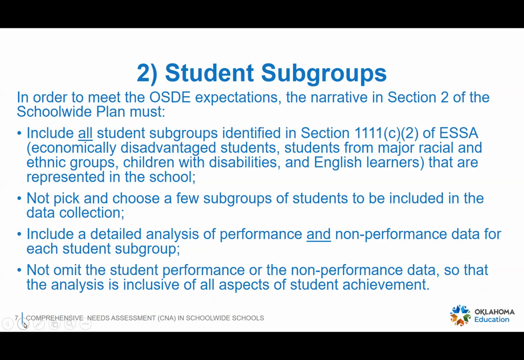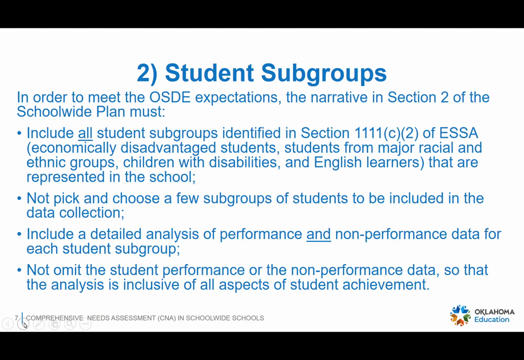Regarding student subgroups, in order to meet the OSDE expectations, the narrative in Section 2 of the Schoolwide Plan must include all student subgroups identified in Section 1111(c)(2) of ESSA, which are the economically disadvantaged students, students from major racial and ethnic groups, children with disabilities, and English learners that are represented in the school.